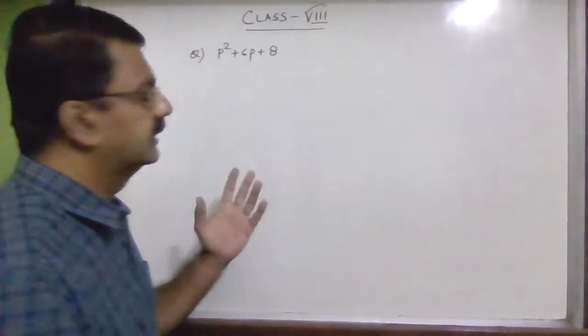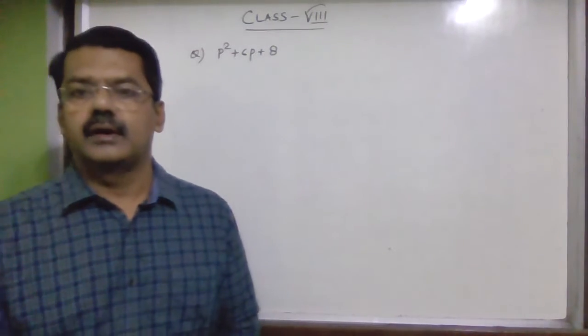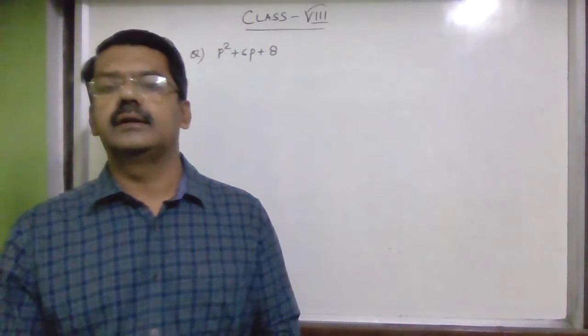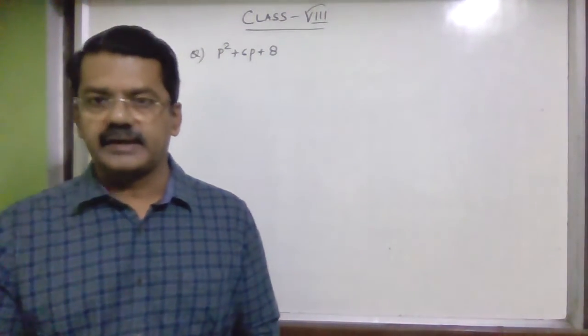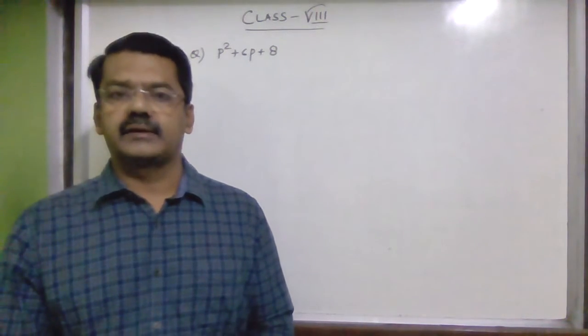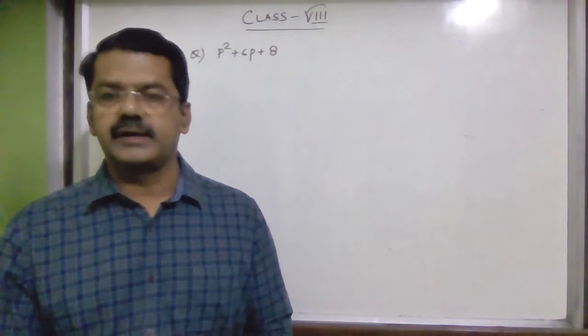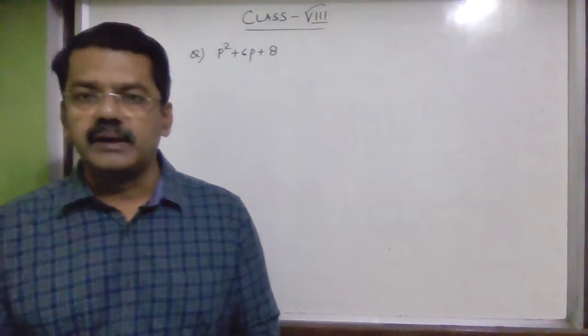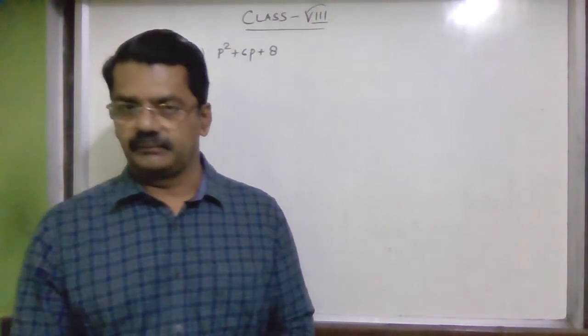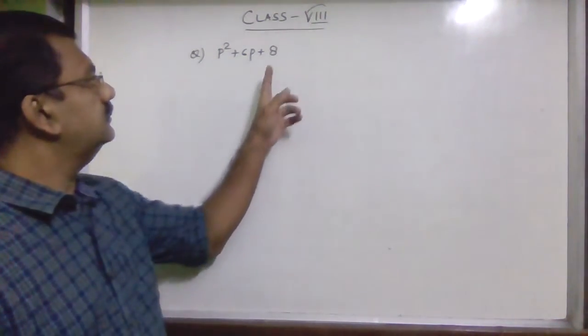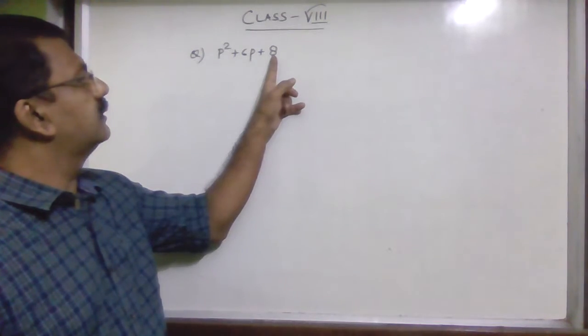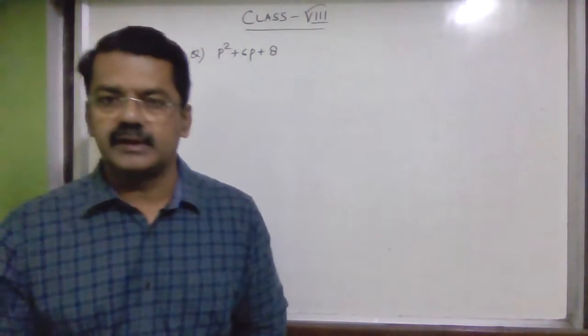As you can see, this is a trinomial and it is a quadratic expression. So we factorize quadratic expressions by splitting the middle term. What we do is, the number written over there, the constant term, is 8.